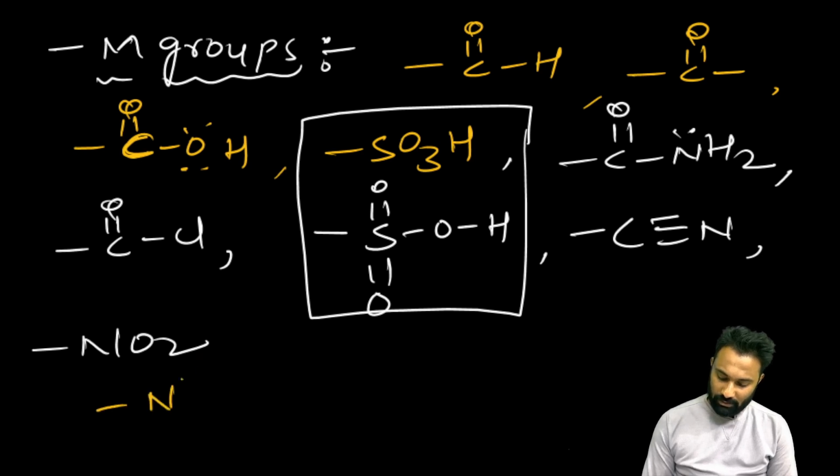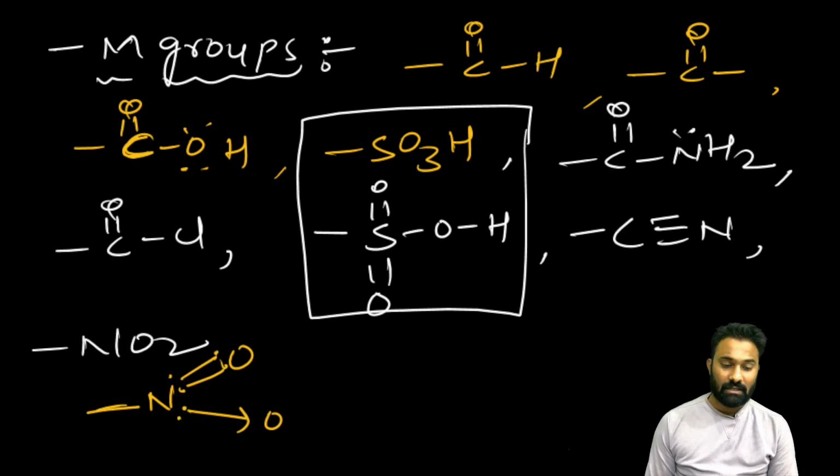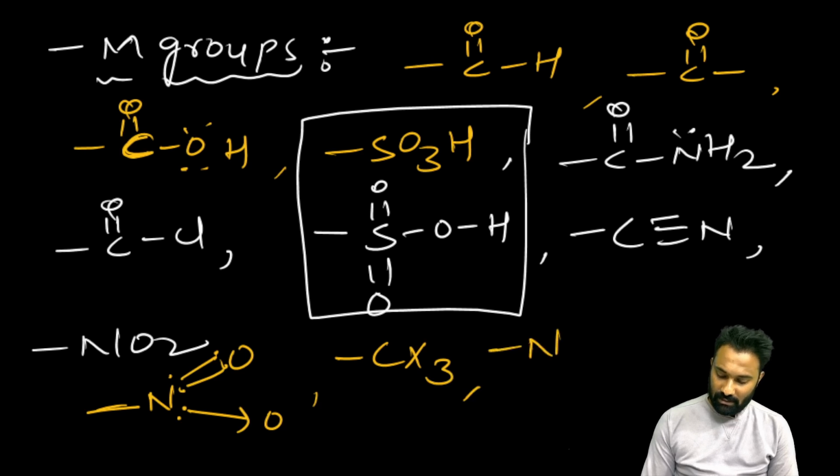Nitrogen has a double bond to O and a coordinate covalent bond with the other O. Clear? All the electrons have been involved in bonds, so nitrogen does not contain any lone pair of electrons in NO2. Next CX3. Next NH3 plus, clear, and NF3, etc.